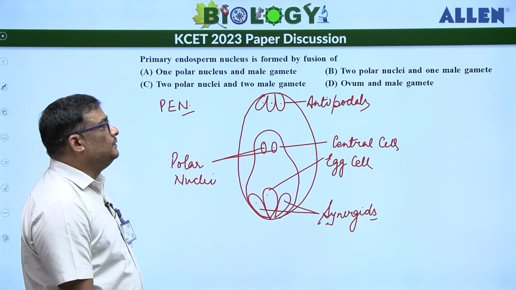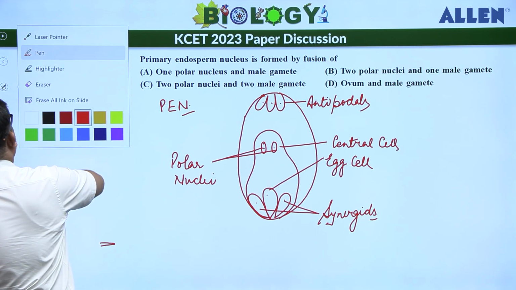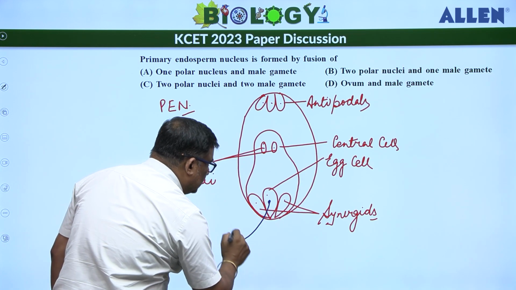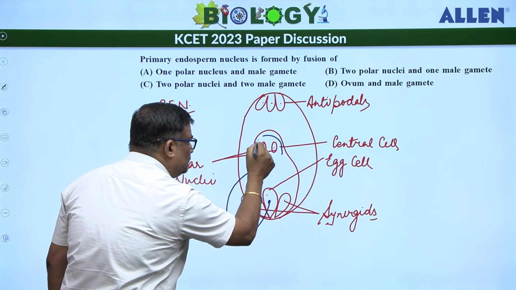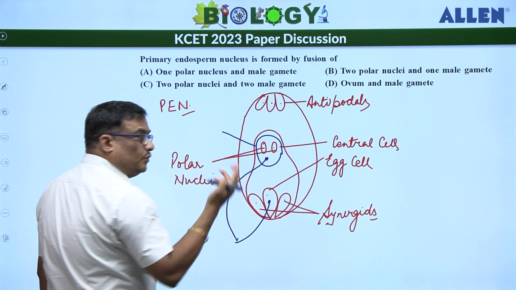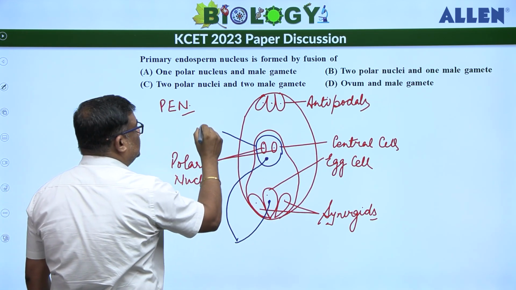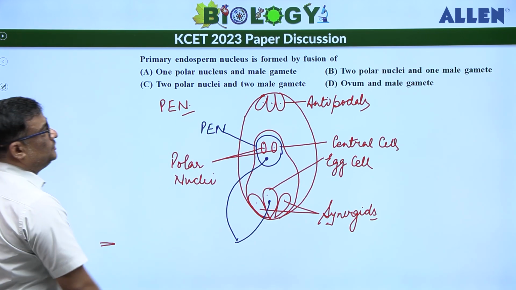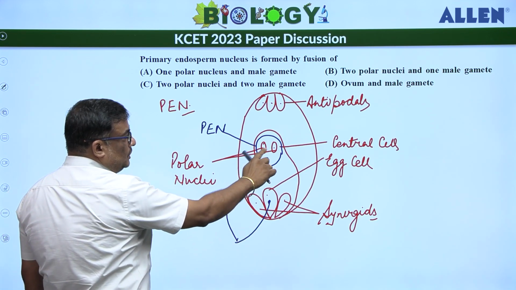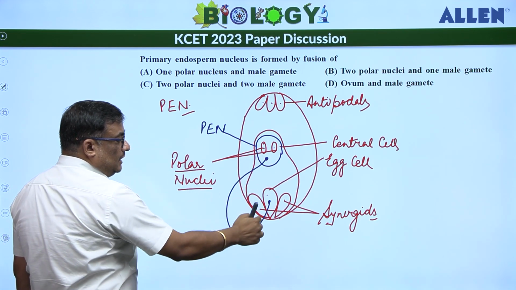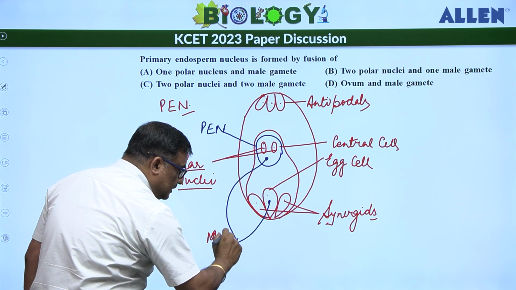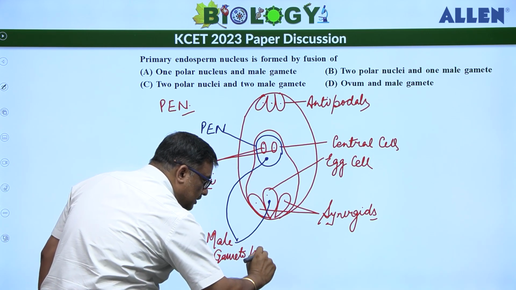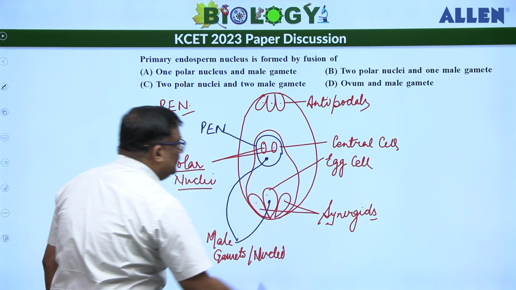Fine. Look at the question. Primary endosperm nucleus is formed by the fusion of. So we are all aware of the fact that one male gamete fuses with this and another fuses with this. So when you fuse all of them, it forms a triploid structure, that is 3N, and that is termed as primary endosperm nucleus. So how many nuclei are there? Two nuclei will come from the polar nuclei, and one will come from the male gamete.